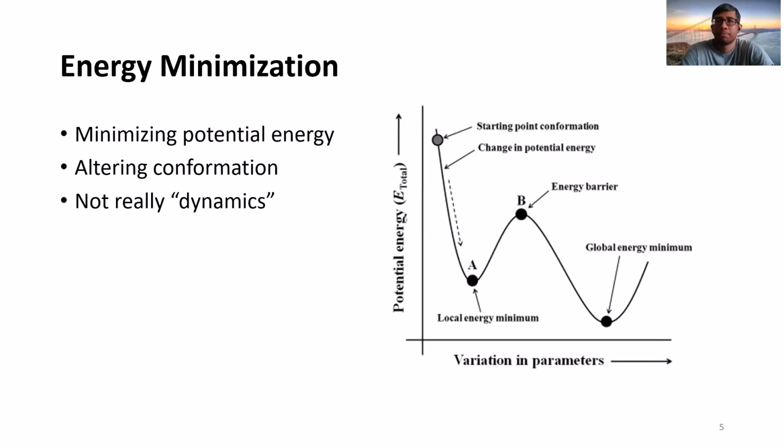Because remember that we are defining the behavior of the system in terms of potential energy. But you have to actually minimize the potential energy of the system before running any simulation so that you do not run into any error, energetically speaking.